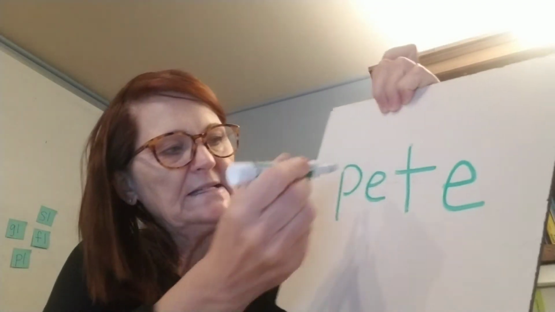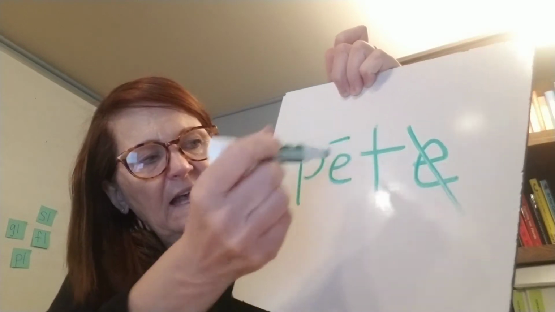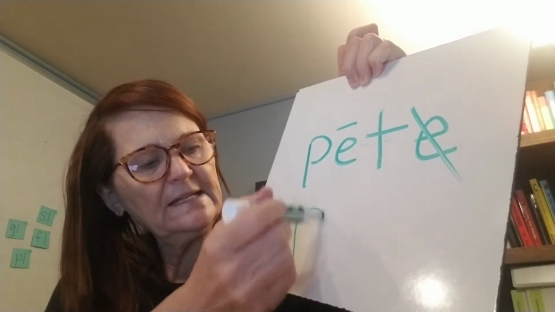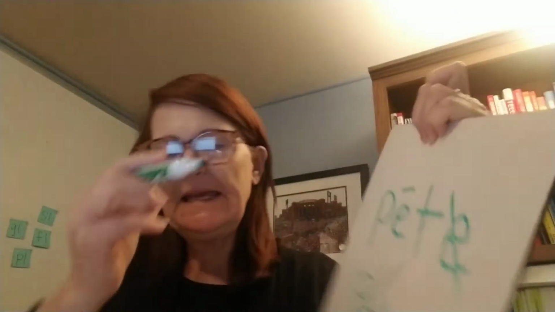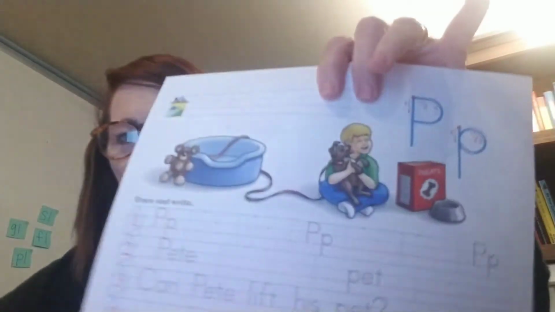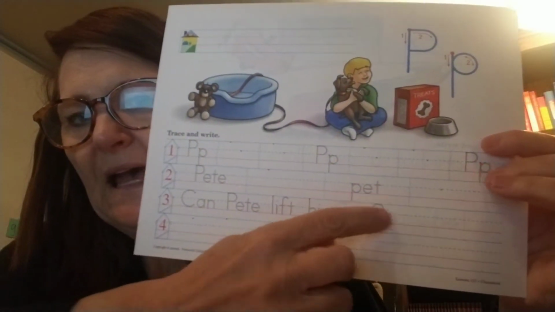I'm going to erase that smiley face because they're going to put a magic E. Remember, it takes that long, turns that vowel long, and that's silent, and it goes from pet to, what is that? Pete, long E. Pet to Pete, and that's exactly what you see there on row 2. Pete, everybody say hi, Pete. And then that's his pet.